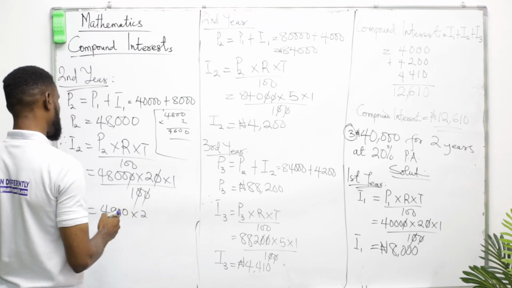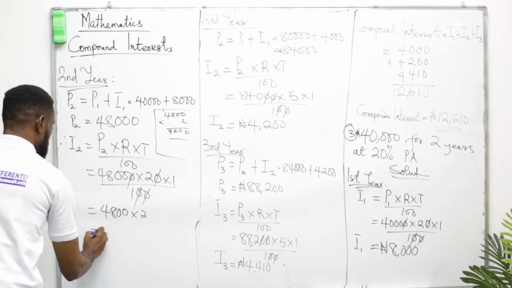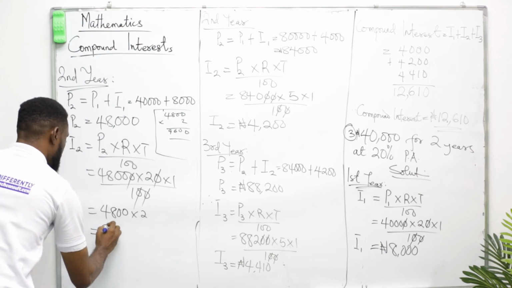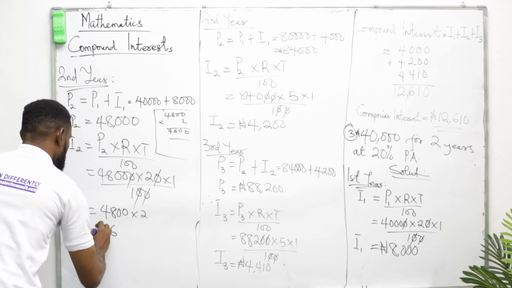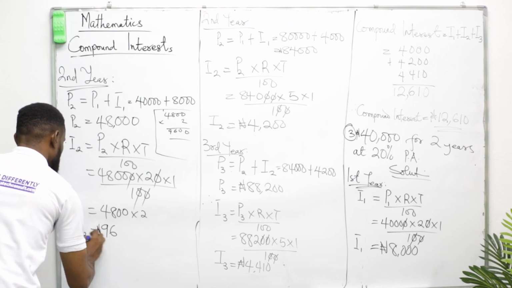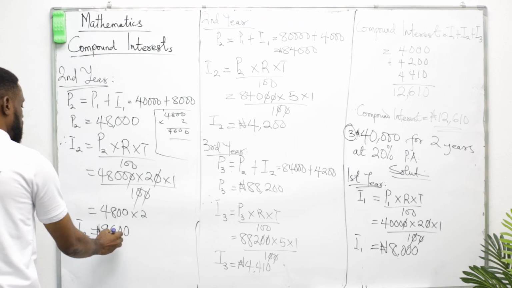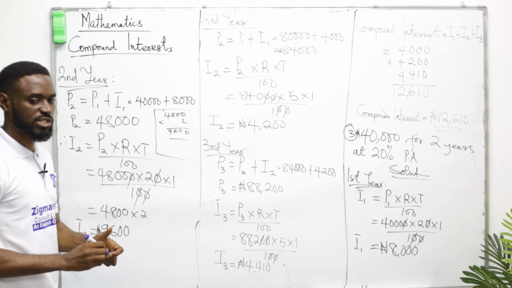So 9,600 is I2, the interest for the second year.